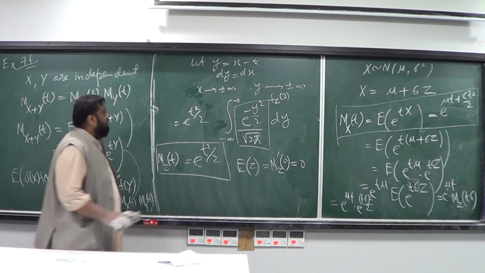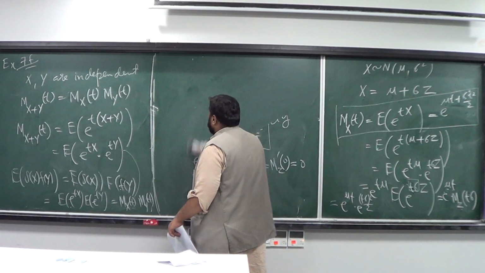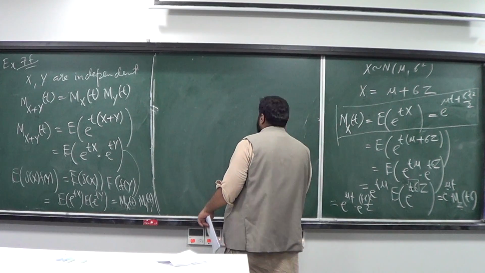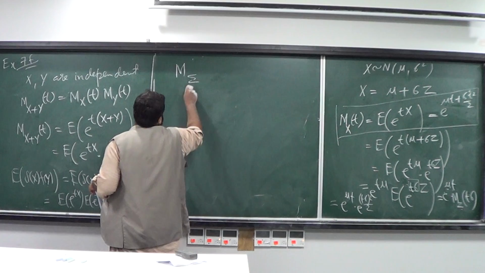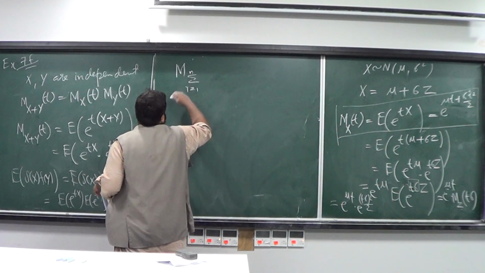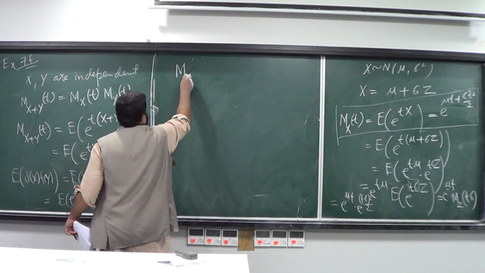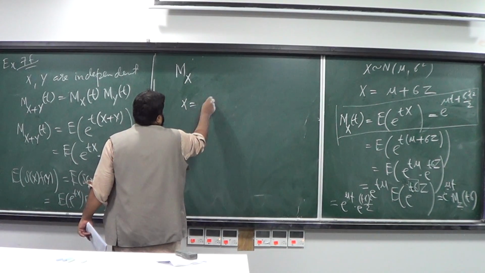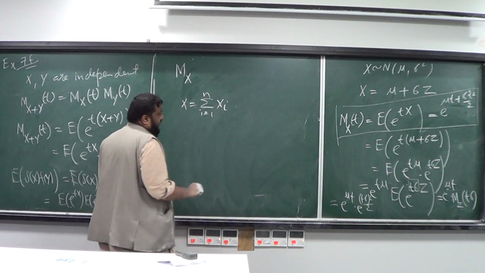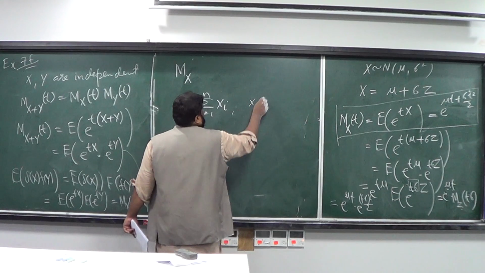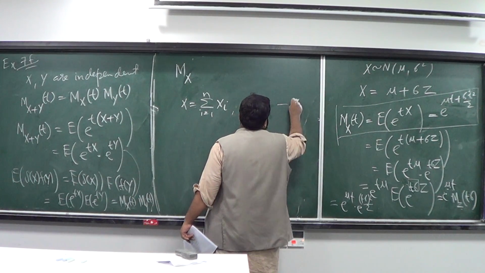Okay, so this is simple. You can even generalize this actually. Instead of 2, say you have n random variables. So I have a random variable x, where x is the sum of i equal to 1 to n of xi, where these x1, x2 up to xn are independent.